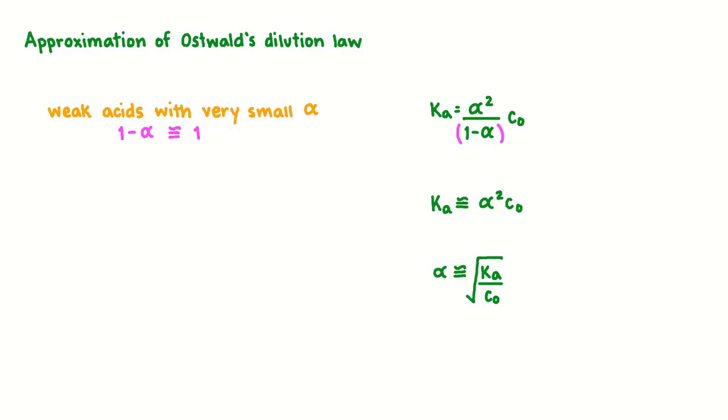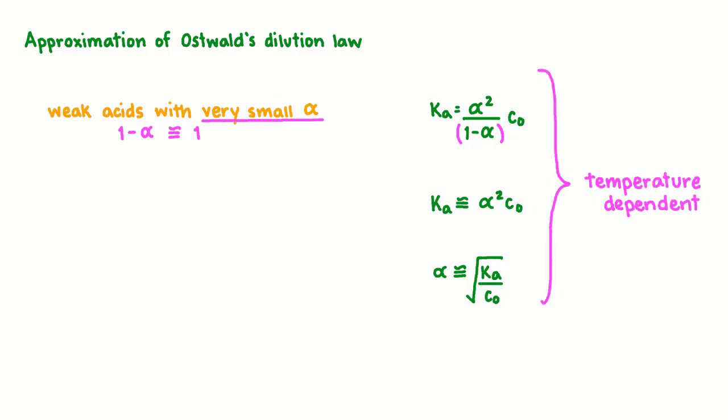It's important to recognize that this approximation only works for acids which have very small degrees of dissociation. And it's also worth mentioning that all of these relationships are temperature dependent. With that said, we can see from the approximation that the degree of dissociation is inversely proportional to the square root of the initial concentration.